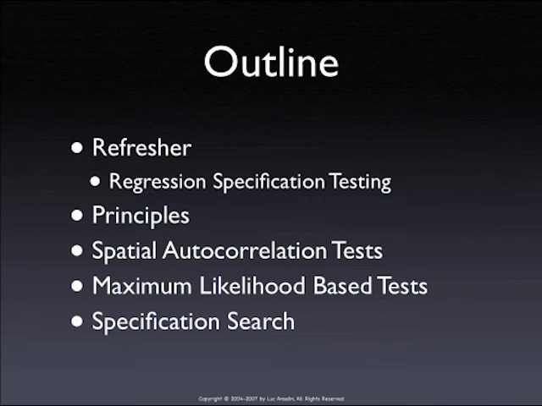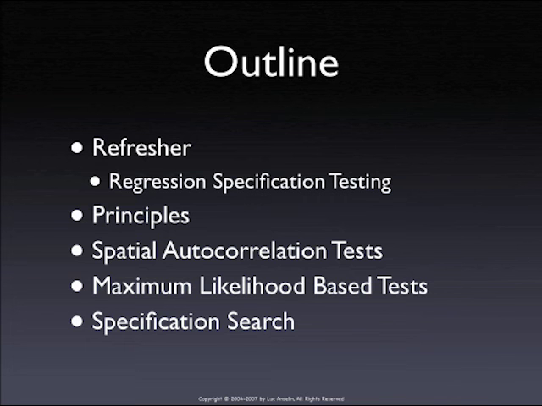What I call spatial autocorrelation tests are also referred to as diffuse tests, in that the null is always spatial randomness. The alternative is some form of spatial correlation, but it's not specific what model this is. Whereas maximum likelihood-based tests are also referred to as focus tests, and have a specific alternative in mind. And specific in our context will be either a spatial lag model or a spatial error model.